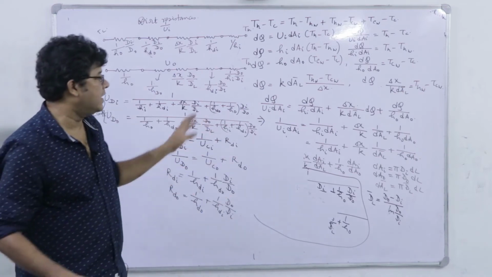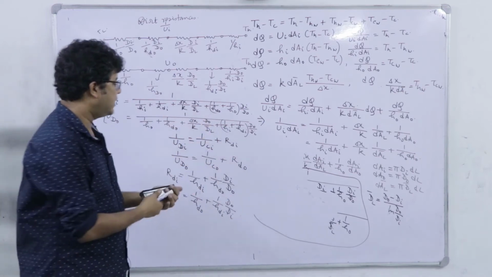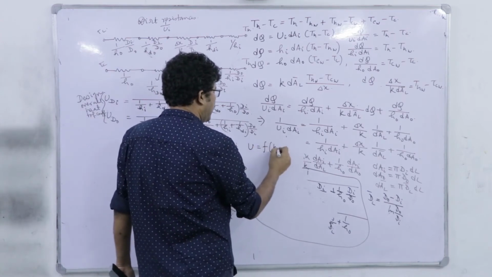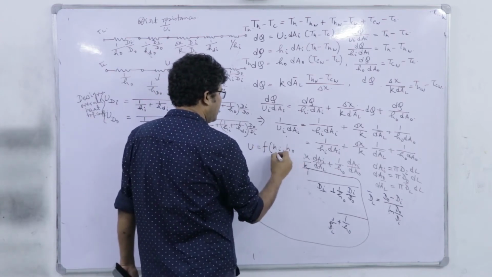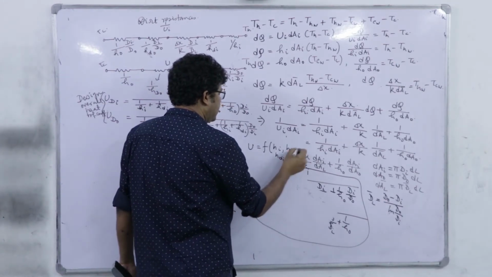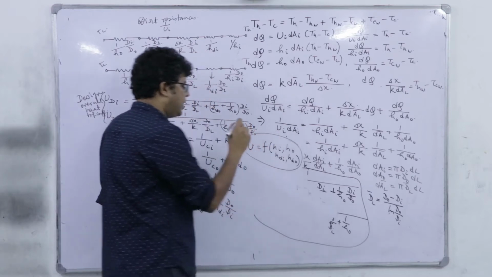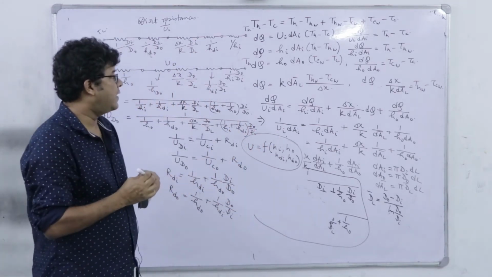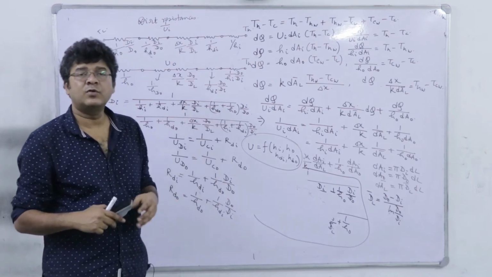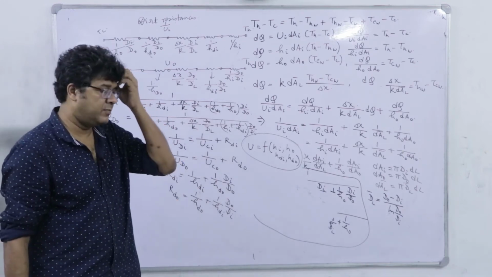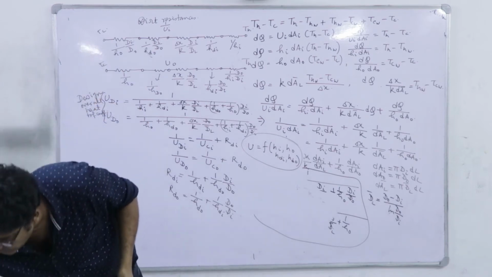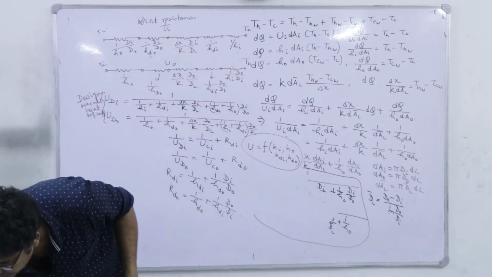With this idea, it is now clear how we can write U as a function of HI and HO and additionally HDI and HDO, right. So far we have discussed this sort of functional relation. In the next stage, we have to go for the proof of Q is equal to UA LMTD. So, how can we do that? Let us discuss it.